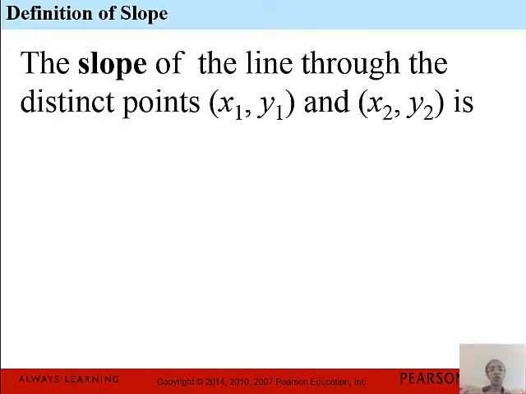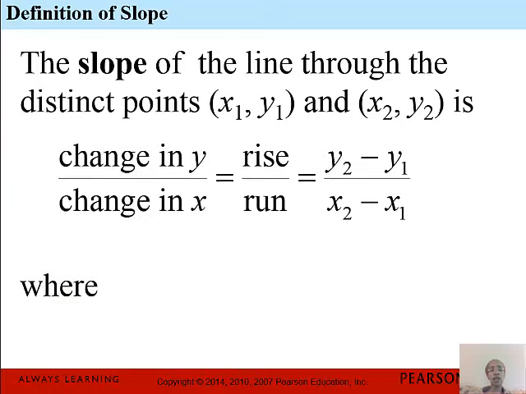Let's start by defining slope. The slope of the line through the distinct points (x1, y1) and (x2, y2) is the change in y over the change in x. We call the change in y the rise and the change in x the run. We calculate rise by finding the difference between the y values.